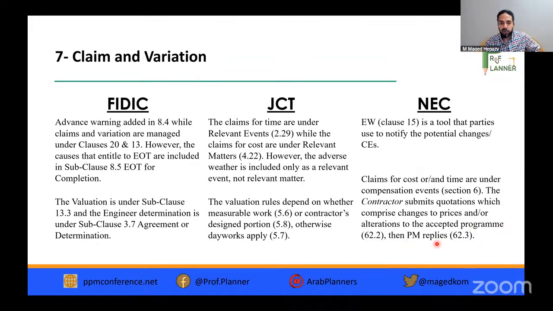Then the PM replies. In FIDIC also, the contractor submits the scope of work, the quotation or the cost of the work, and the impact on the time for completion. Then it will go to the agreement or determination subclause.